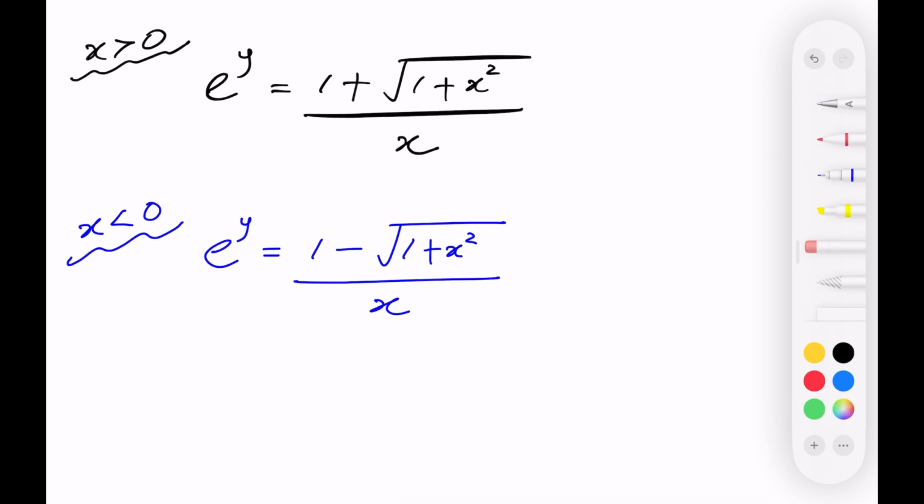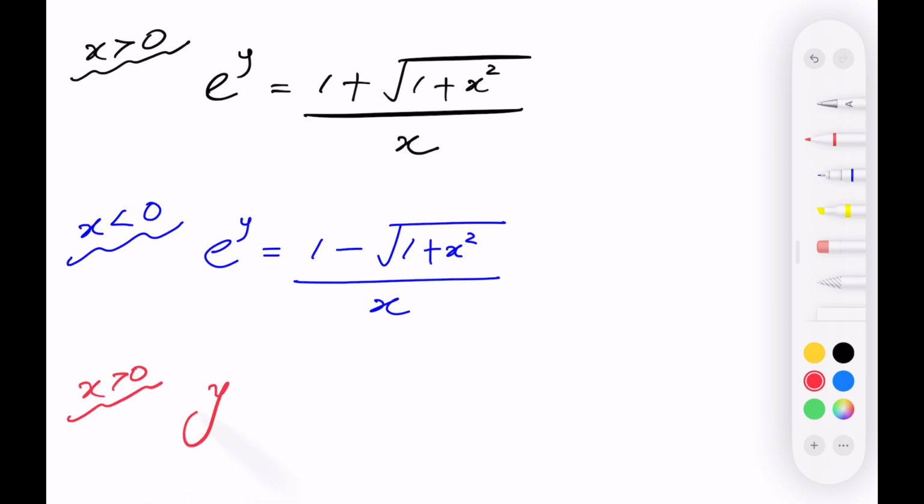We still have to do some further calculations because we need to make y the subject. So how do you make y the subject? These equations are always written as e to the y equals. No matter whether x is greater than 0 or x is less than 0, I have to take the natural logarithm. So when I take the natural logarithm, we will still have two different equations. Let's look at the case where x is greater than 0.